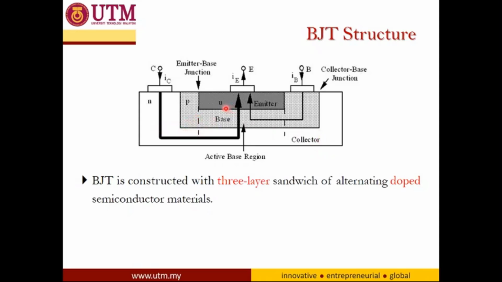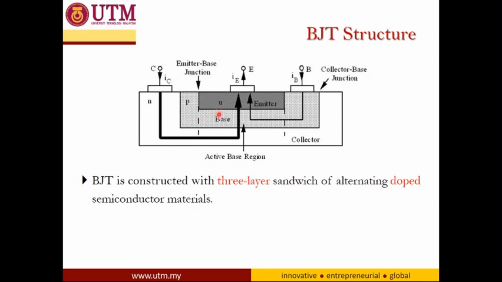For example, in this structure, we have an N type layer called the emitter, and then below the emitter layer you have the P type base, and then below the base we have the N type collector. So BJT is constructed as a three-layer sandwich of alternating doped semiconductor material.